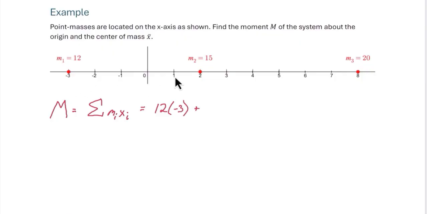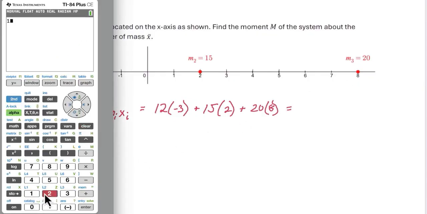Plus, the second mass is 15, located at 2, and we have 20 located at 8. 12 times -3 plus 15 times 2 plus 20 times 8.